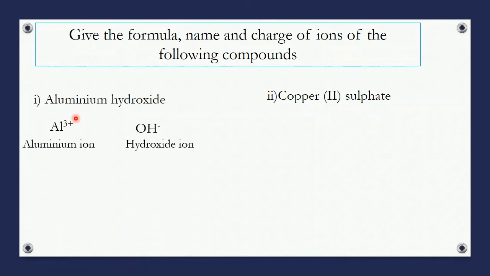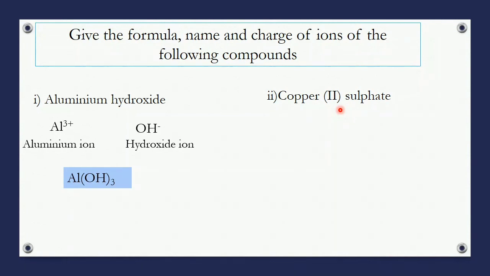By using the crisscross method, we can get the chemical formula of aluminum hydroxide, which will be Al(OH)3. And for copper(II) sulfate, copper is a transition metal element, so it will have more than one oxidation number. Based on the name, you can see the Roman numeral 2 here.